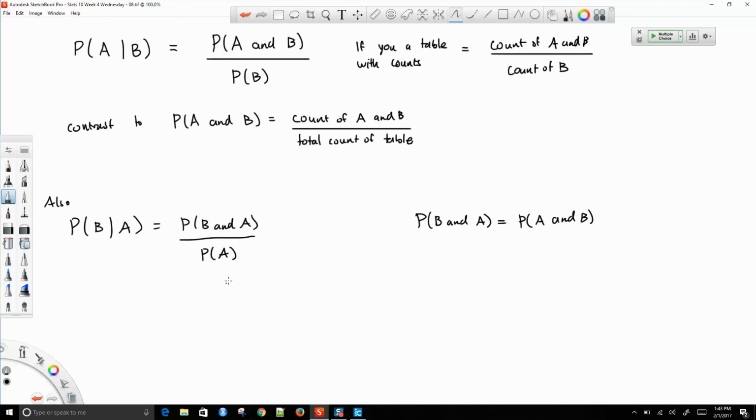It's just that the denominator changes. So the given part always goes in the denominator.